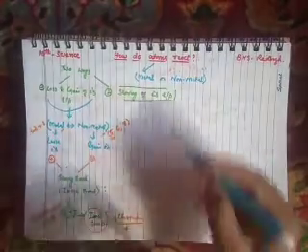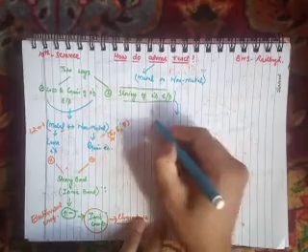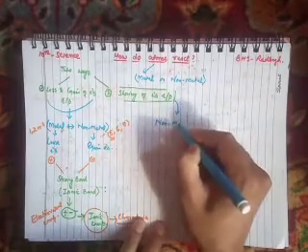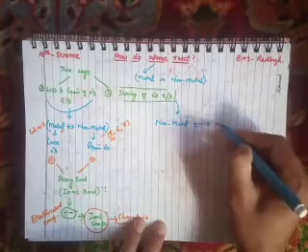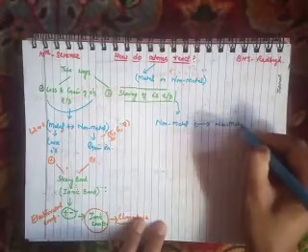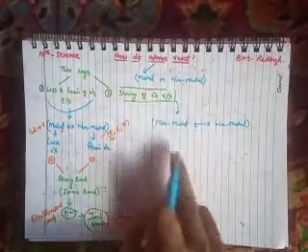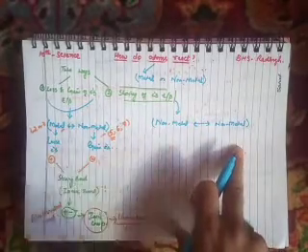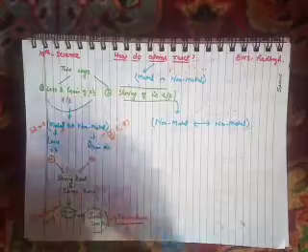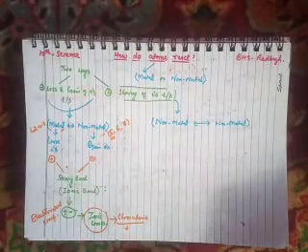In this concept, a non-metal combines with another non-metal. Dear students, what happens here? Both the atoms belong to the non-metallic category. Non-metals are electron acceptors.